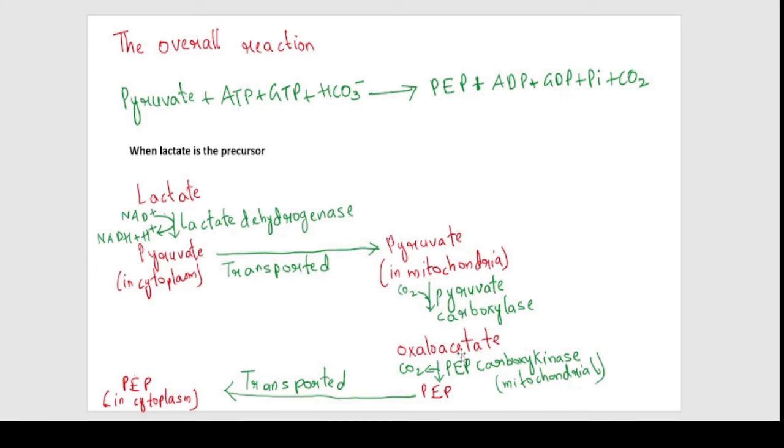This oxaloacetate is then converted to phosphoenol pyruvate directly by the enzyme phosphoenol pyruvate carboxykinase. Now, this phosphoenol pyruvate formed in the mitochondria is transported back to the cytoplasm. This is how pyruvate is converted to phosphoenol pyruvate.